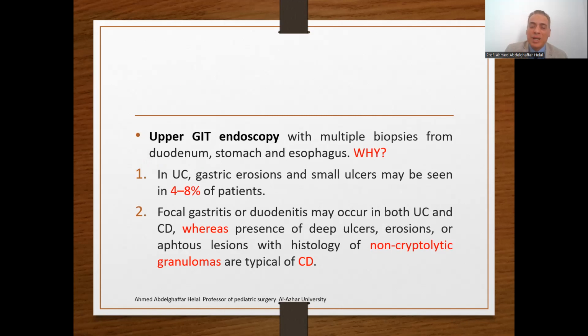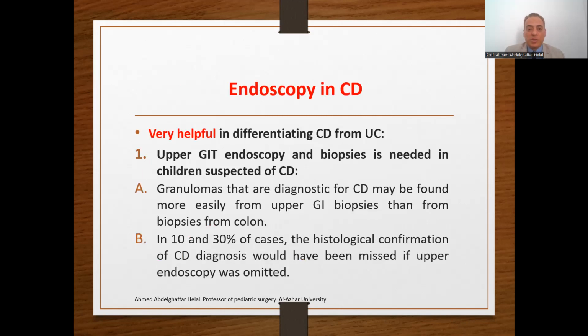As in ulcerative colitis, there may be gastric erosions and small ulcers. Focal gastritis or duodenitis may occur in both ulcerative colitis and Crohn's disease. The biopsy in Crohn's disease typically shows granulomas. So granulomas are characteristic of Crohn's disease.